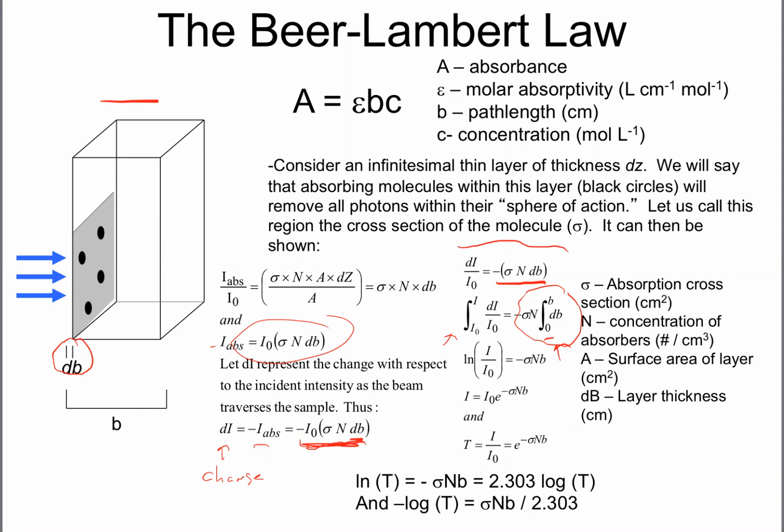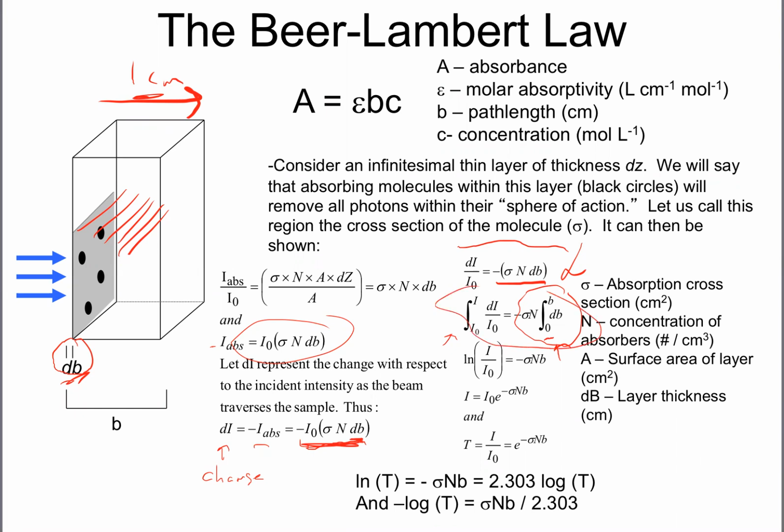The cuvette might be a centimeter thick, and this thin layer is a theoretical construct. There are many of these essentially identical layers across this 1 centimeter, so I have to add them all up, and in calculus that's integration. So I'm going to integrate from 0 to B.